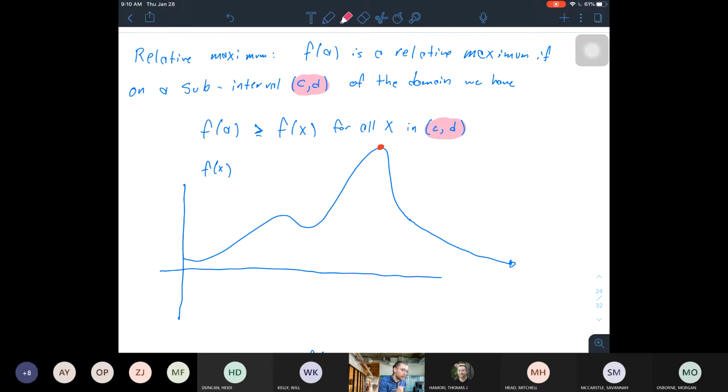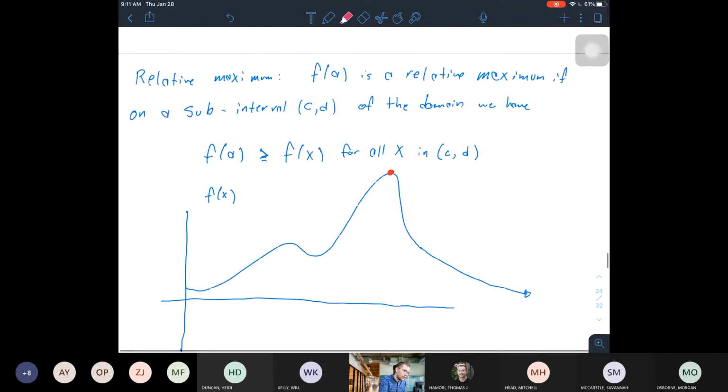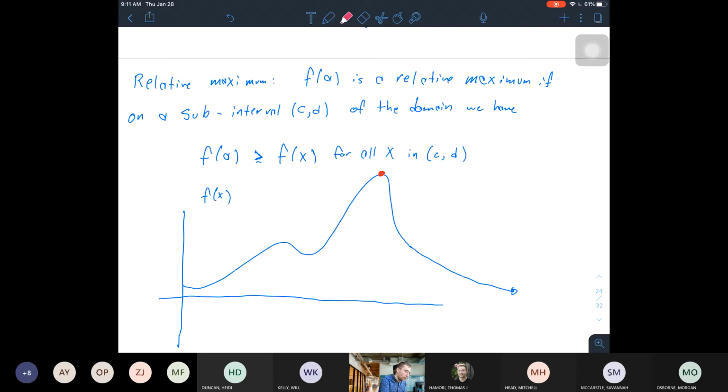So I restrict my view. It is, by the way, important for us to choose this interval to be an open interval, but I'll talk about that in a second.